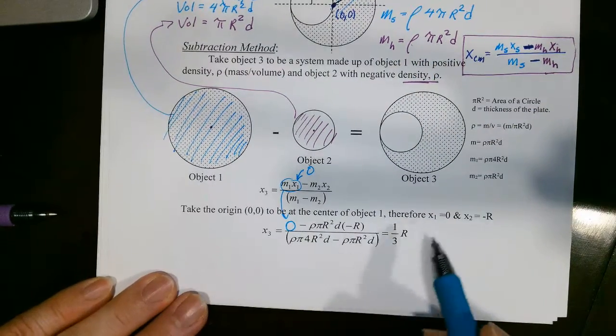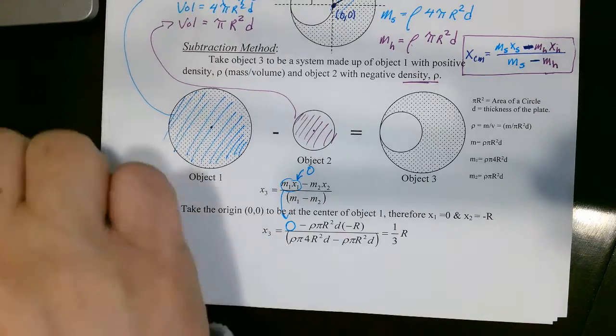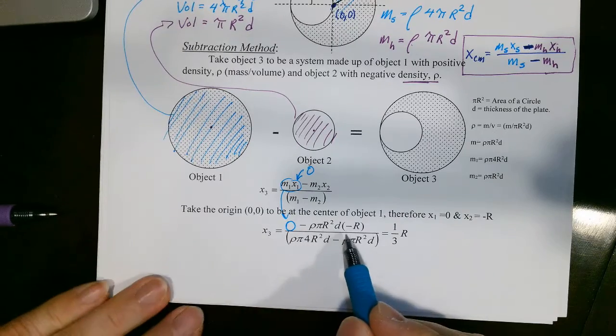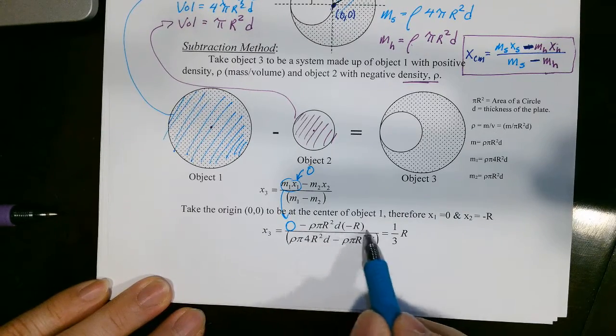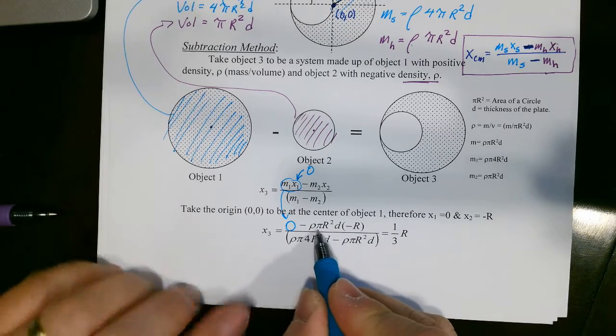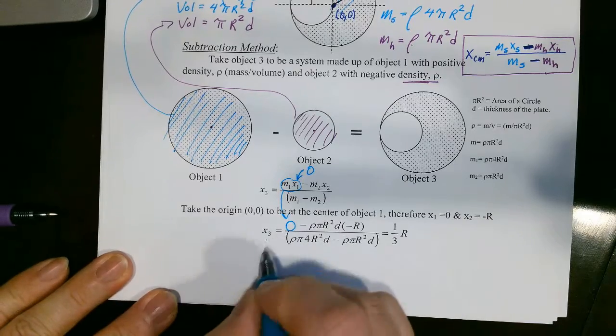So what happens? Well, we could probably factor out a lot of stuff, because this becomes positive. So here, rho pi r squared d can be factored out from the top.